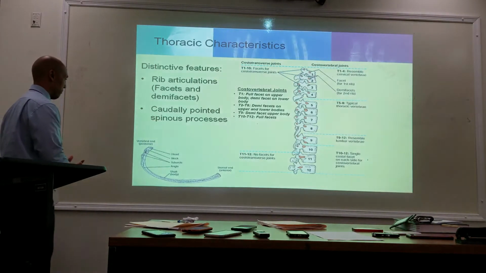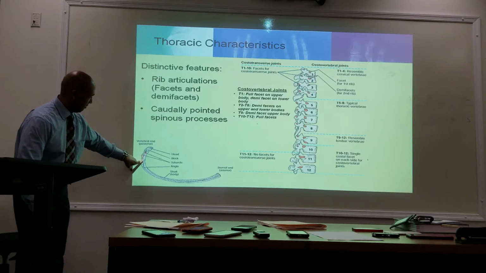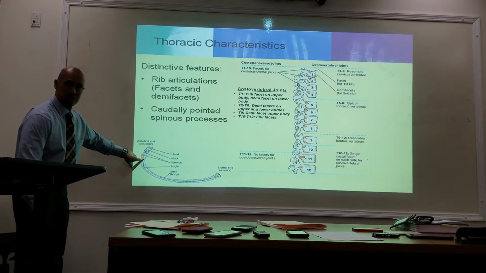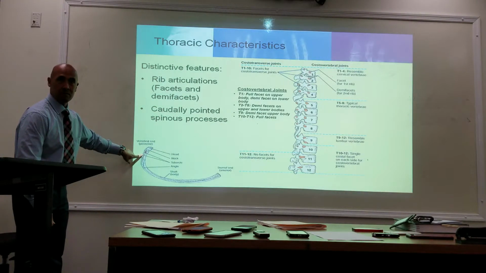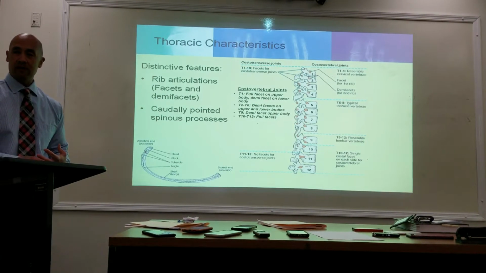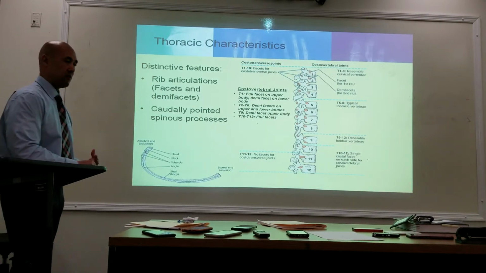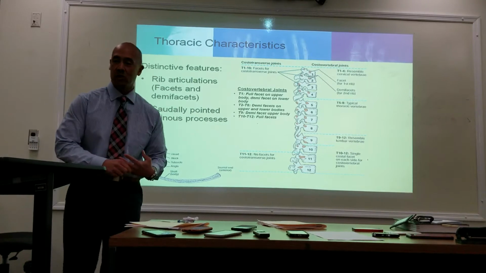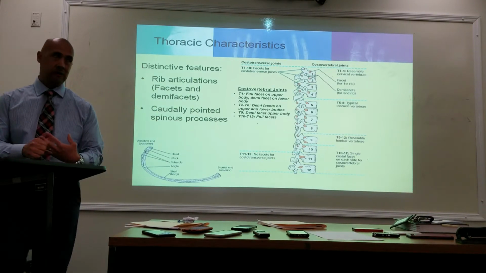The tubercle, okay, it's this rough surface on the rib. So the tubercle of the rib and the transverse process of the vertebrae form the costotransverse joint.